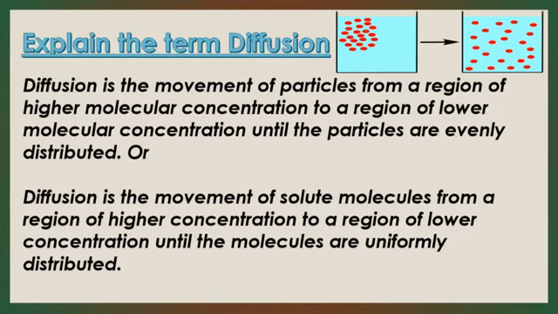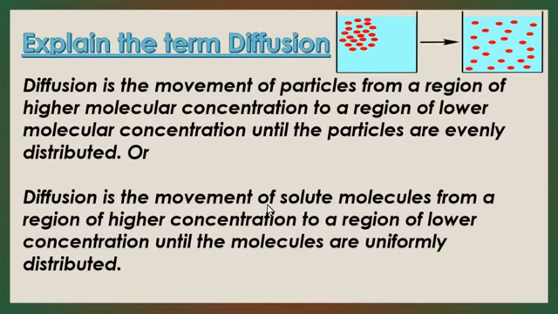The first one reads, diffusion is the movement of particles from a region of higher molecular concentration to a region of lower molecular concentration until the particles are evenly or uniformly distributed.